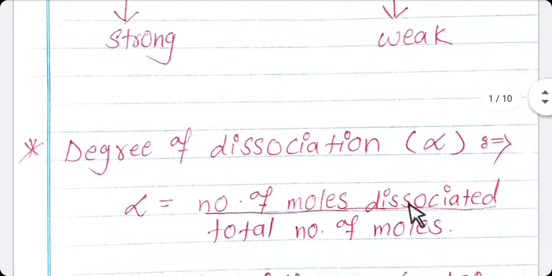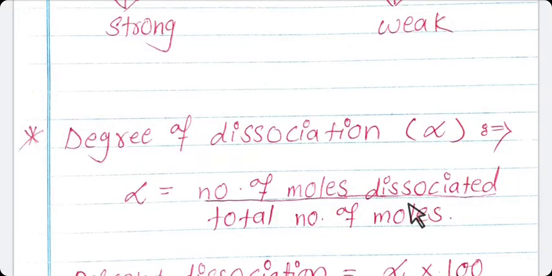Alpha is equal to the number of moles dissociated upon the total number of moles. If you take 100 gram of substance and only 25 are dissociated, then alpha is equal to 25 upon 100.